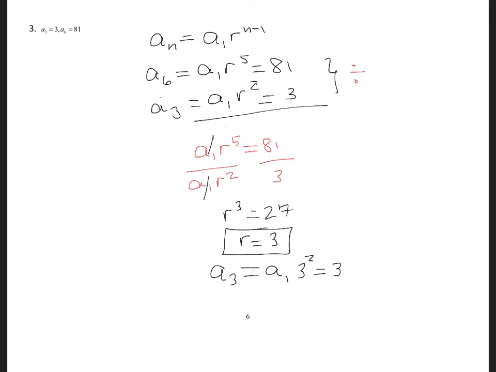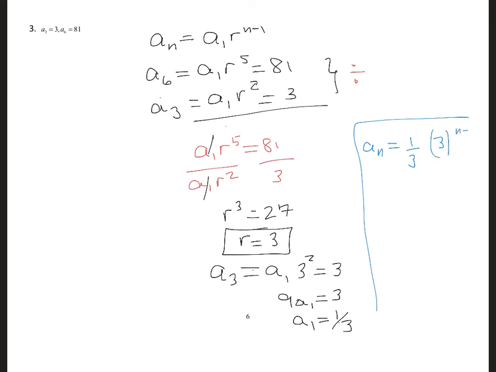So that means 9 times the first term is equals to 3. So that means the first term is 3 over 9, which is 1/3. So now I can write the formula here. So the nth term will be given by 1/3, and then ratio is 3 and n minus 1.